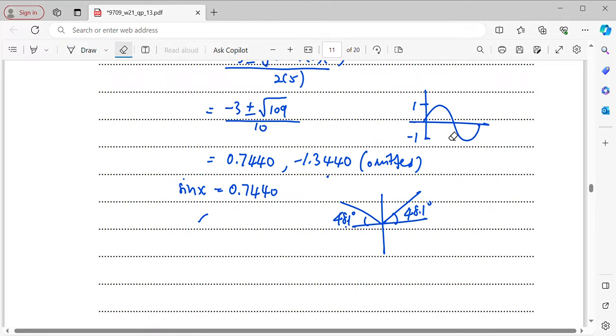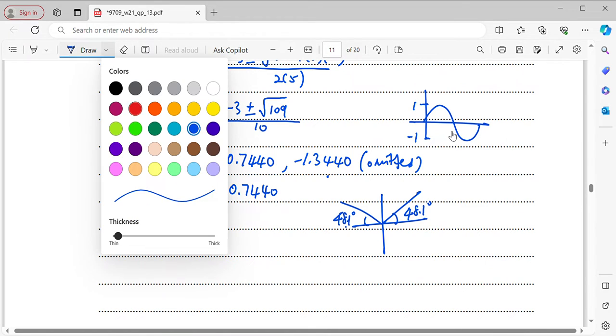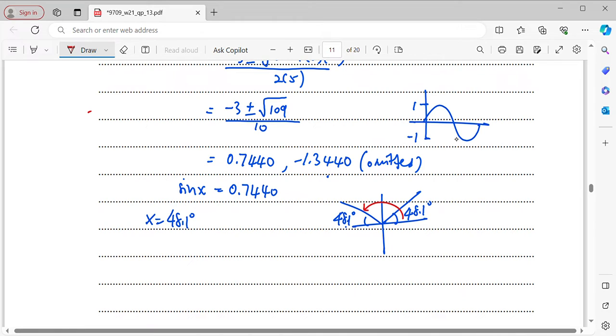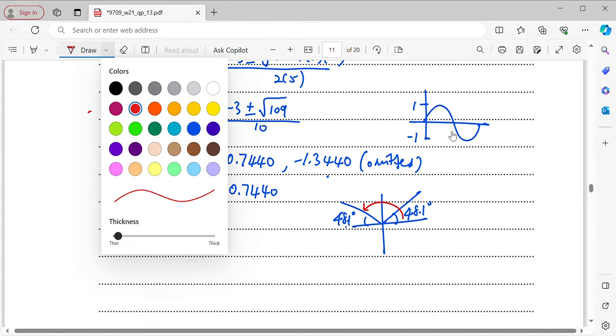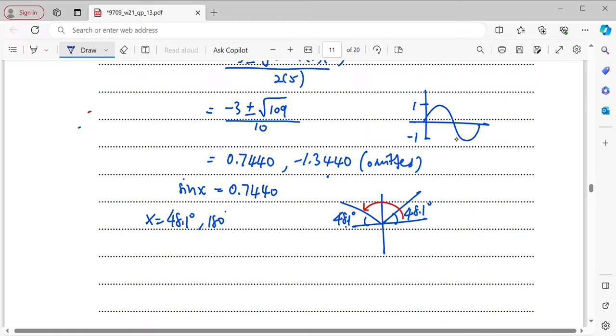That means now my x is going to be 48.1 degrees, and the next one is going to be 180 minus 48.1 degrees. Then it will be 48.1 degrees and 131.9 degrees. So that's the solution of this question.